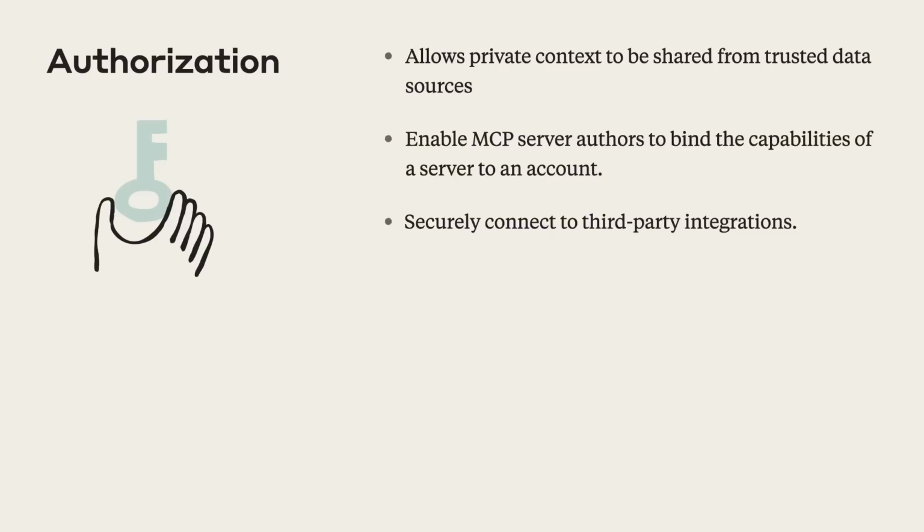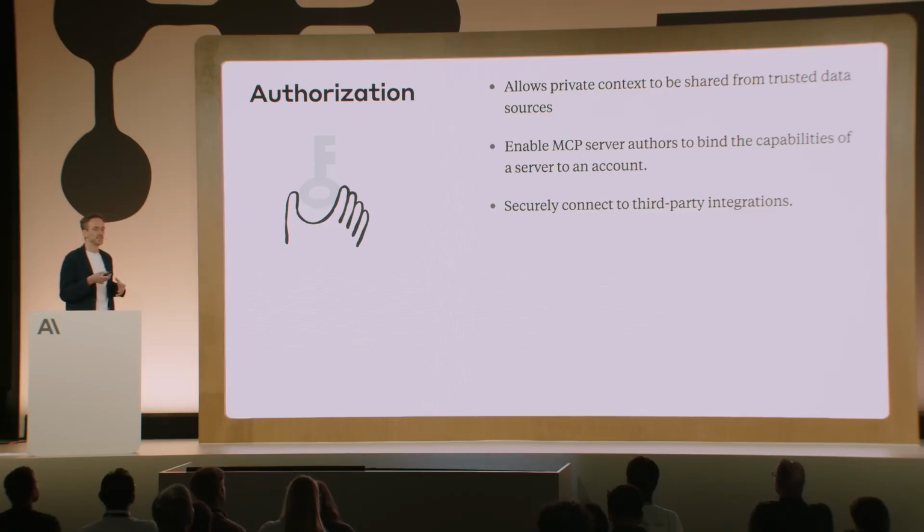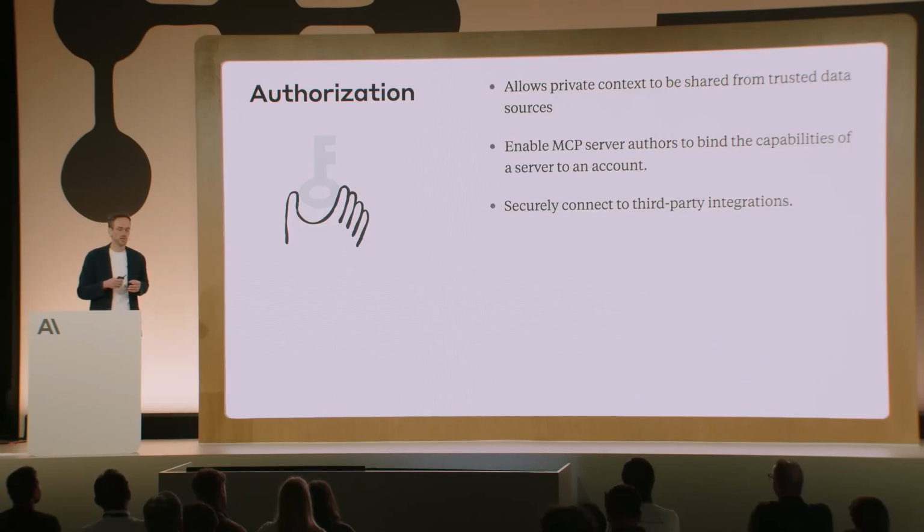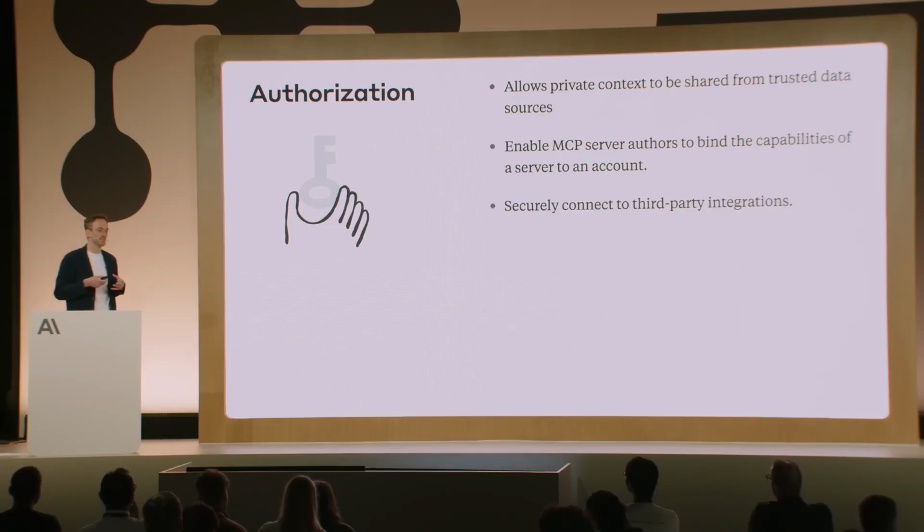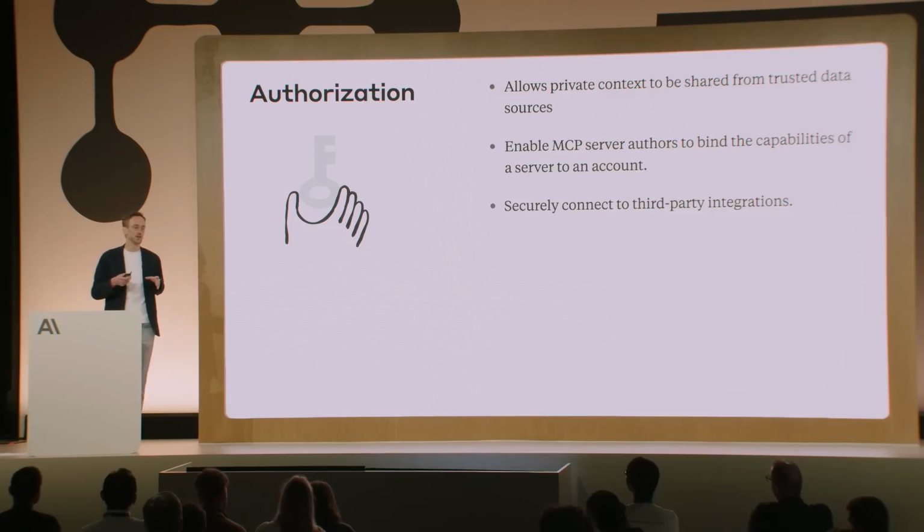And so with authorization in MCP, what you can do is you can basically provide the private context of a user that might be behind an online account or something directly to the LLM application. And it really enables MCP authors to bind the capability of the MCP servers to a user, an online account, something like that. And in order to do that, the way this currently has to work in MCP is that you do this by providing OAuth as the authorization layer.